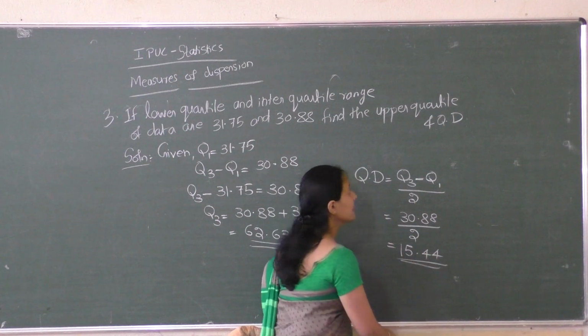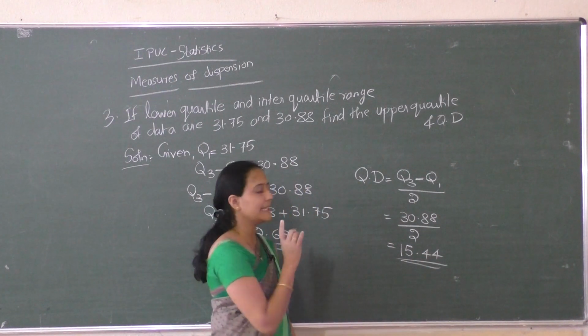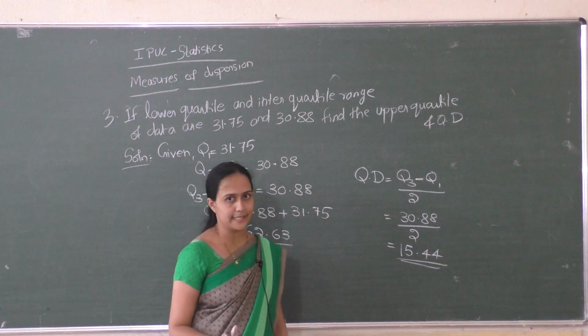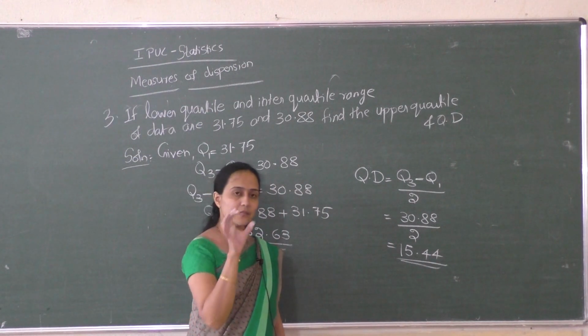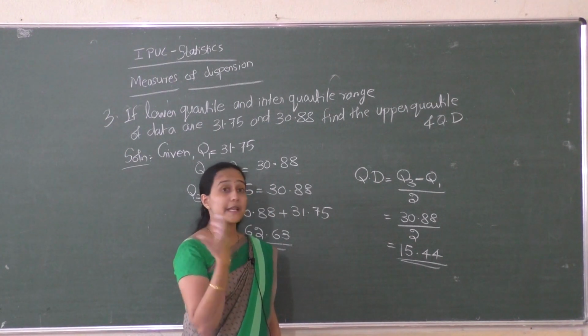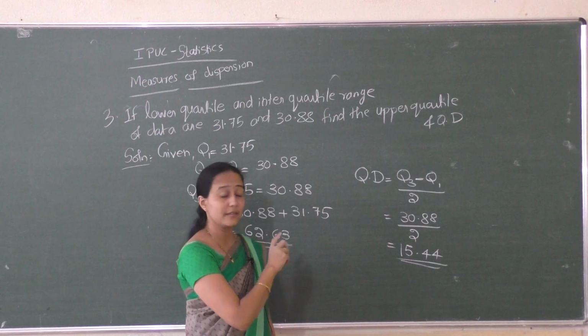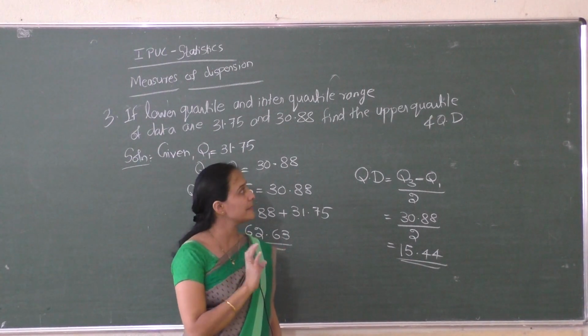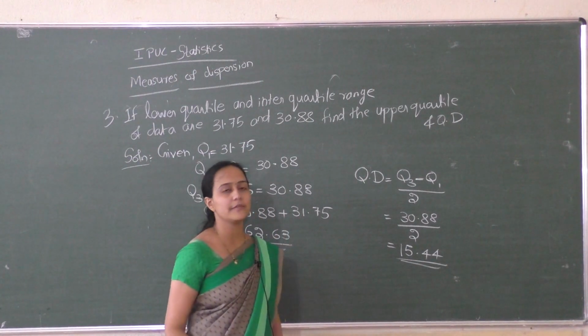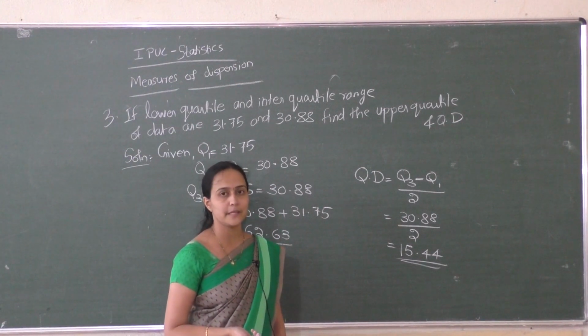So here the interquartile range is given, the lower quartile is also given, and we have to find the upper quartile and QD. So first write what is given. Next, what we have to find can be found from the given data. Just check once, then apply the formula. QD, however, we know is Q3 minus Q1 divided by 2.